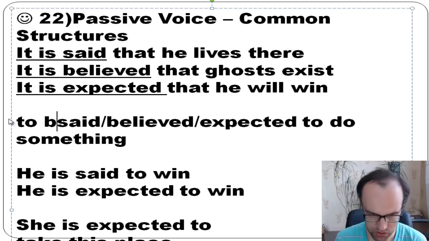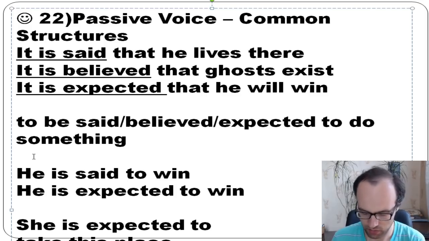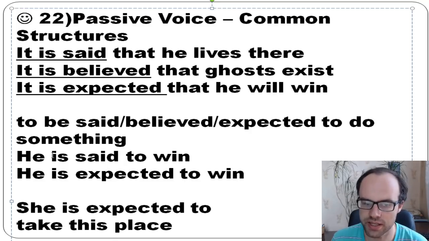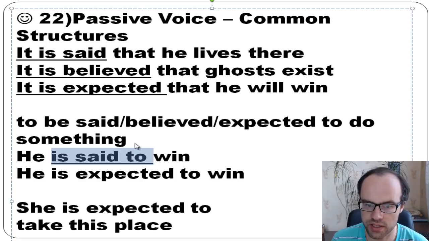To be said, expected, believed to do something. Look, you can also say he is said to win. He is said to win. It means that other people say that he will win. So passive voice plus to plus verb.